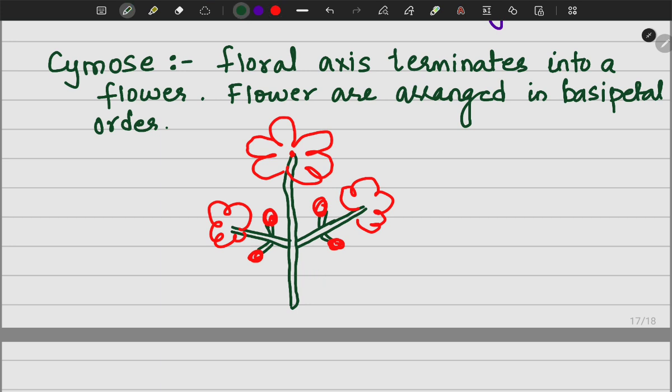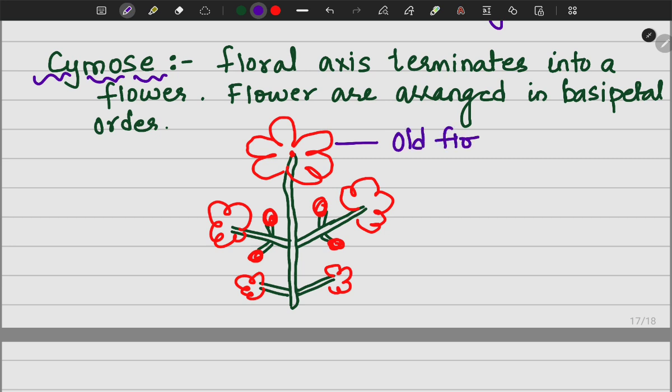Alright. Then a bit more young flower at the base. So this type of arrangement is the cymose inflorescence. The main axis or the floral axis stops growing, it terminates into a flower at the top, which is the old flower, and the flowers at the base are the young flowers.